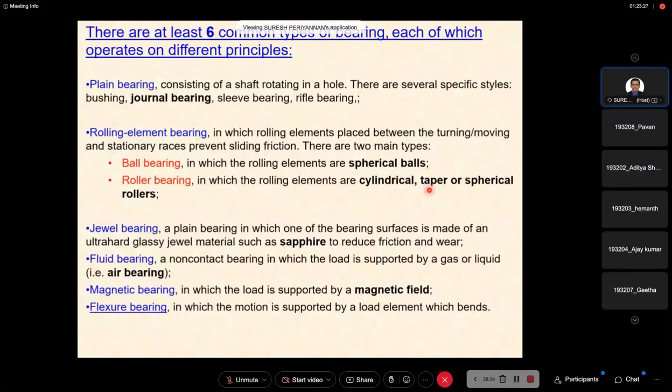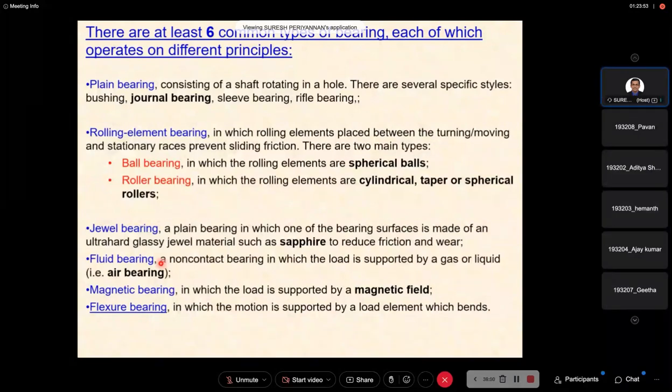We will see later how this is designed and what its parts are. Now the next one is the jewel bearing, a plain bearing in which one of the bearing surfaces is made of an ultra hard glassy jewel material such as sapphire to reduce friction and wear.